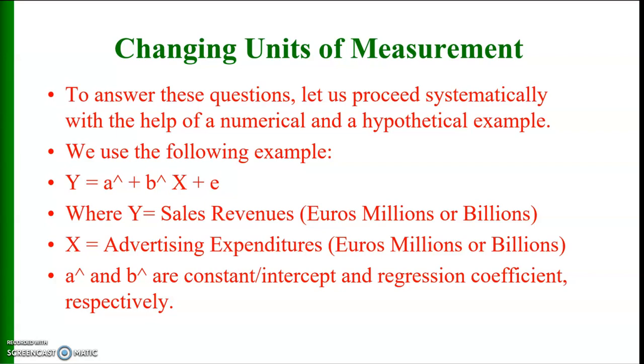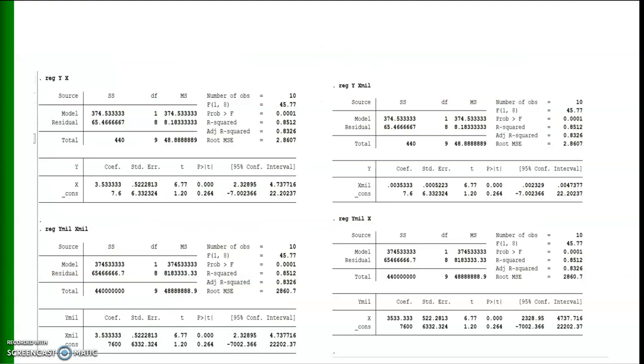A hat and b hat are the constant or intercept and the regression coefficient respectively. So we will do that.